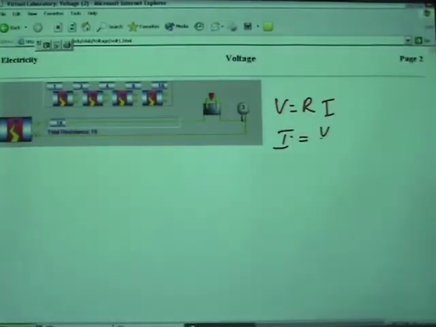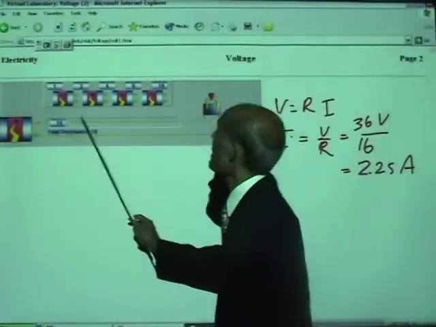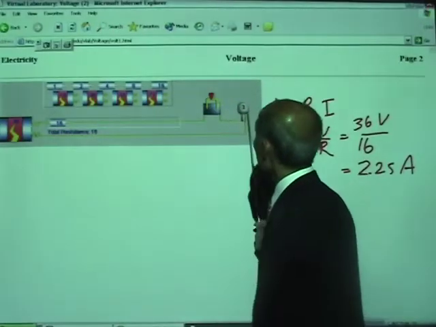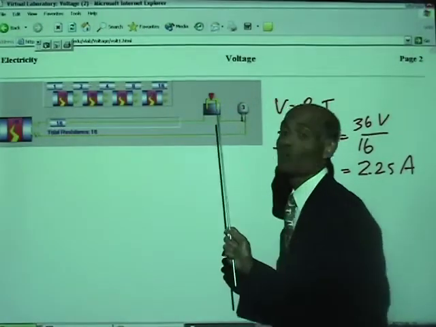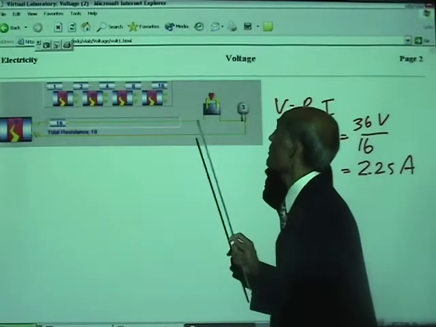Current I equal to V over R, and that gives me V equal to 36 volts, and the resistance is 16, and that will be about 2.25 ampere. Is that right? That will be the current that will flow in the circuit, and this bulb will blow if there is more than 3 ampere flowing in it.